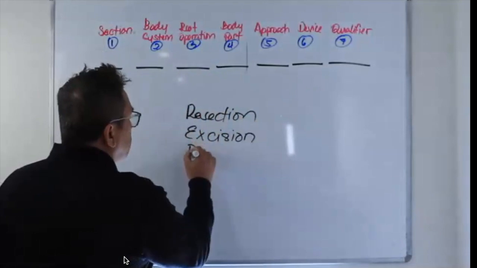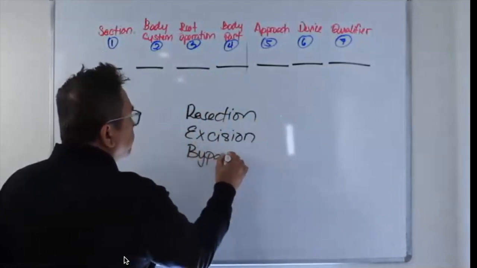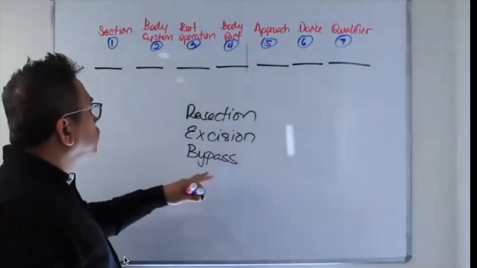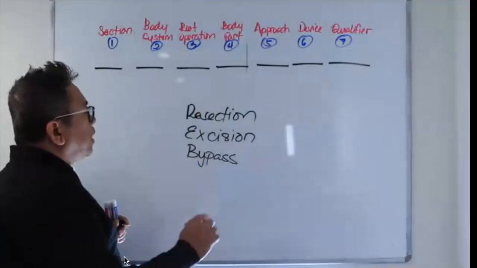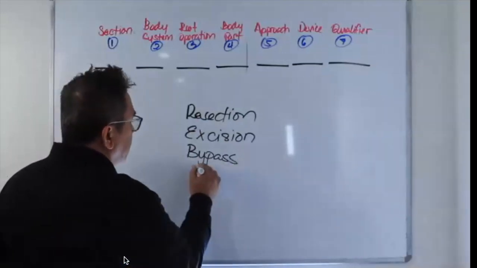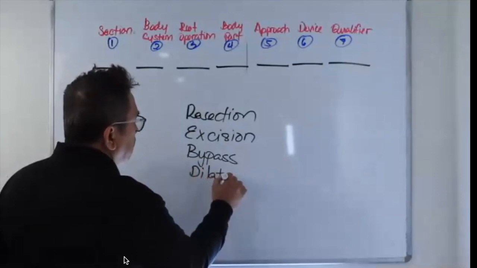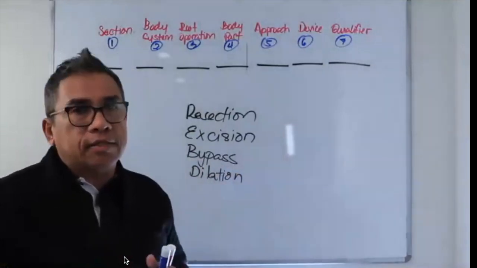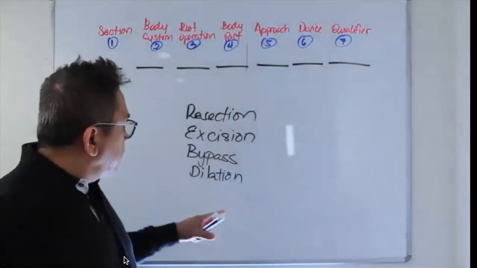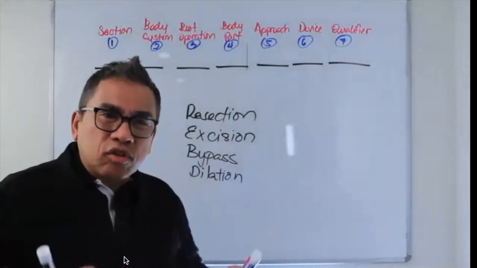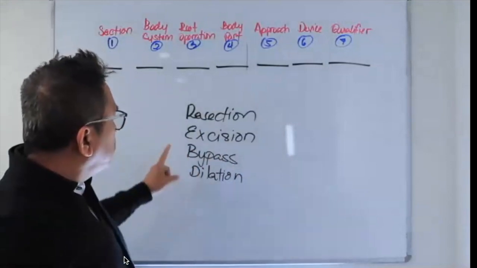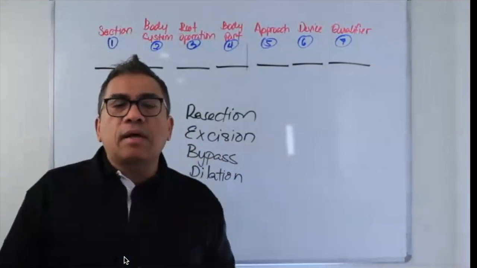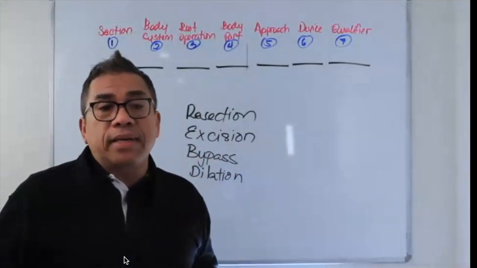Another most common root operation is bypass, and we'll go into details of this in a little bit. What else? Dilation. And there are many more. Last night we looked at alteration, what alteration means. We looked at inspection. Insertion, we talked about last night. But let's talk about these four that I thought are very common, that hospitals perform on a daily basis.